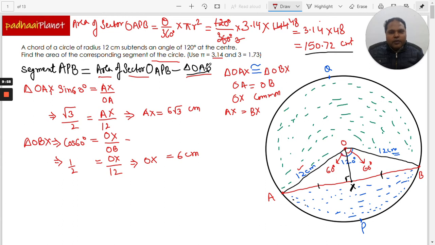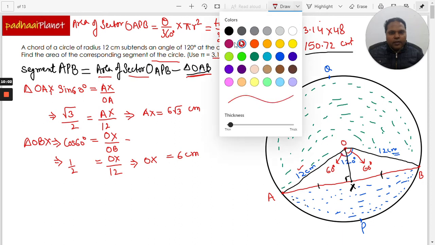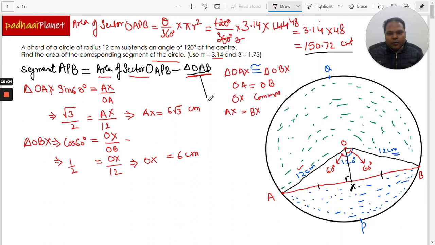Now we've got these two values. Now we can find out the area of this triangle OAB. The area of the triangle OAB will be equal to half into base into height, and base is going to be AB, right? So we can say that AB is equal to 2AX.